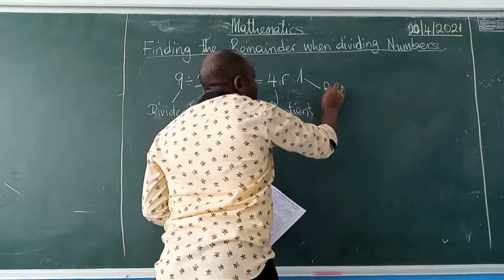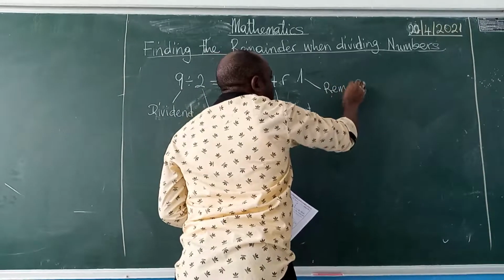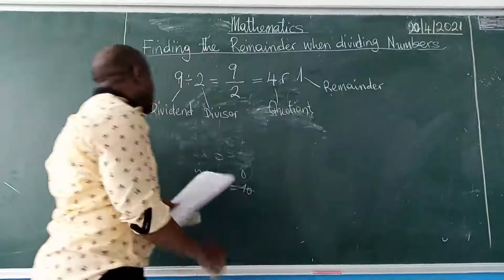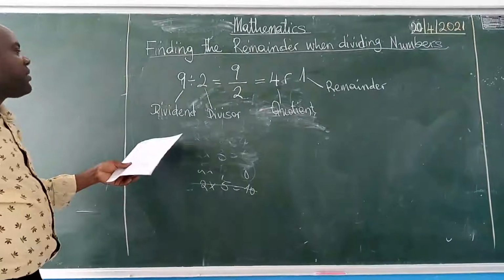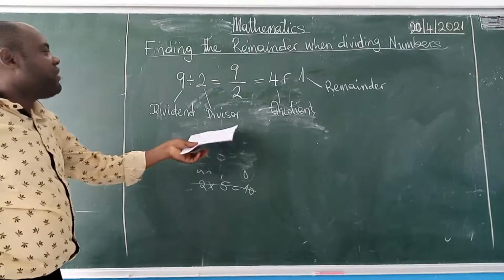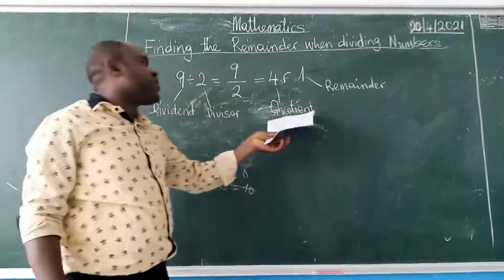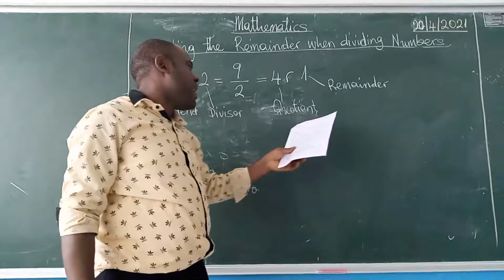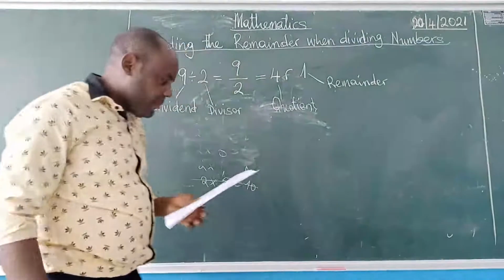And 1 is known as the remainder. So dividend divided by divisor gives us the quotient and the remainder.